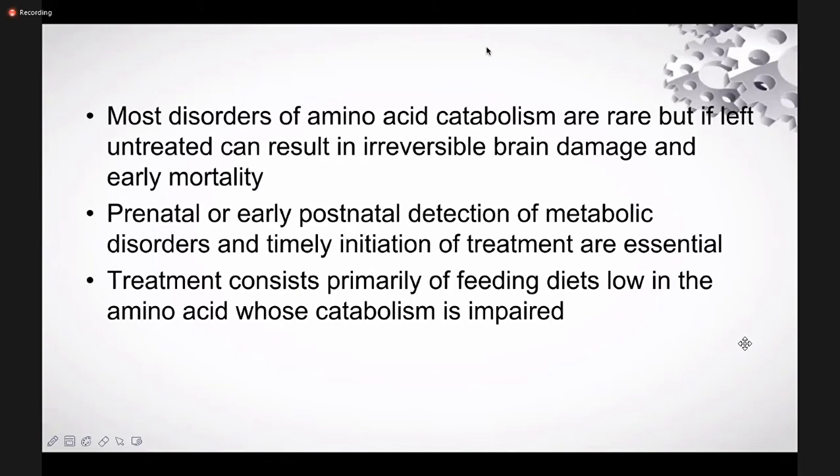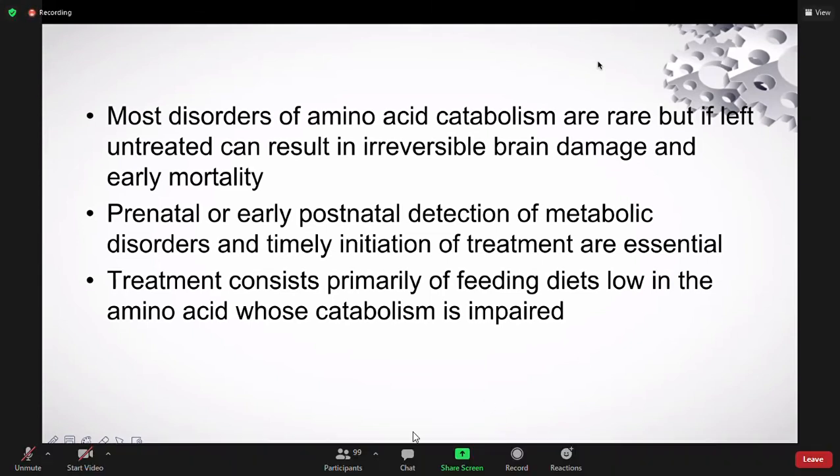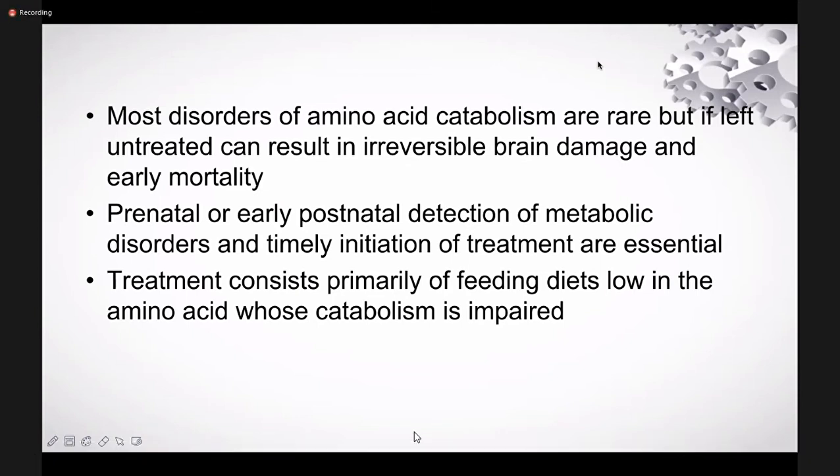Okay, so moving on. So most disorders of amino acid catabolism are rare. But if left untreated, they can result in irreversible brain damage and even early mortality.